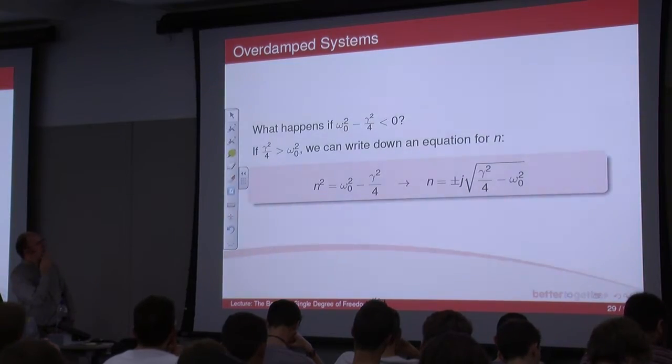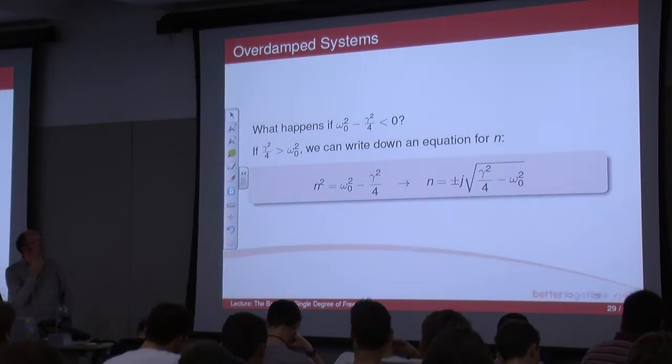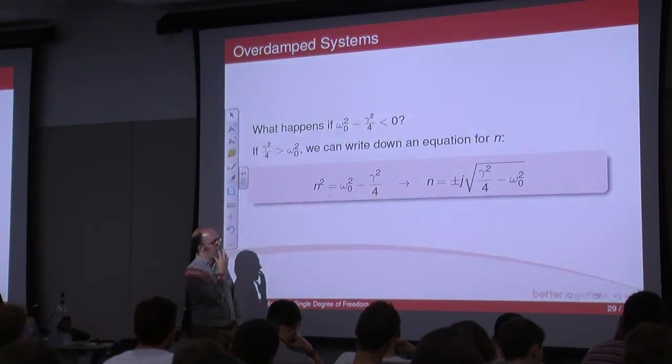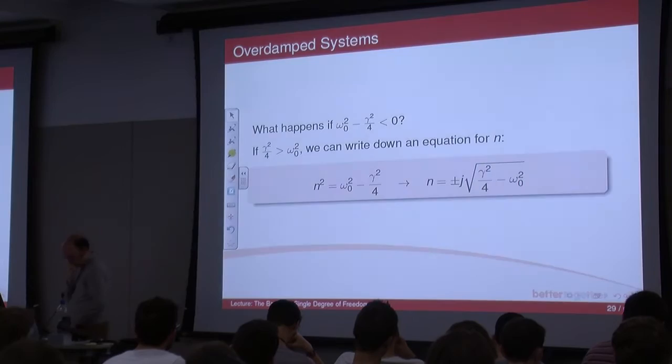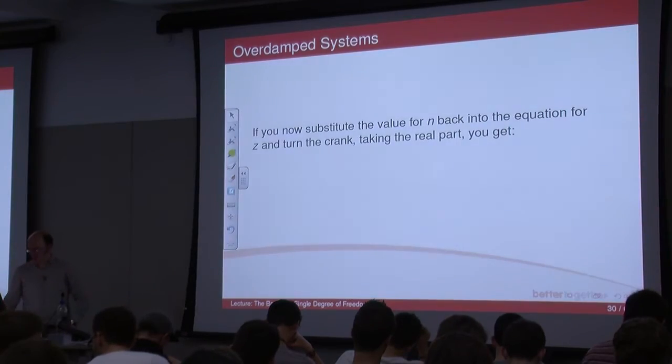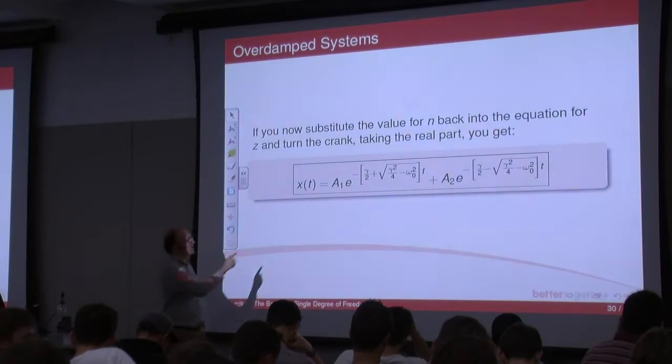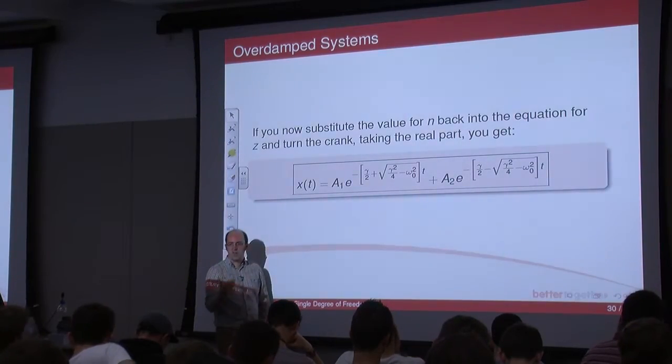If gamma squared upon 4 is greater than omega naught squared, we can write down an equation for N. Now, if you substitute that back into the equation for z and turn the crank, taking the real part, you get this, which is your solution in the case of an overdamped system.